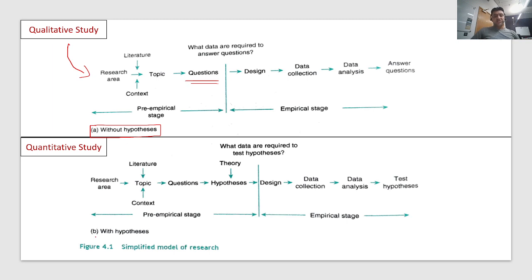But studies which have hypotheses are mostly quantitative, which means that you collect some data using a survey based method, and this data is usually in numbers, and then you use that data to test hypotheses, and after analyzing the data you get to know if your hypotheses are supported or not supported by the data, and then you actually answer the research question. So keep this model in mind when you're doing your research.